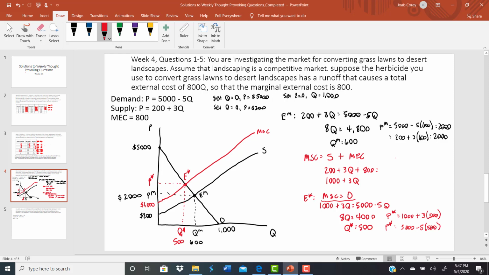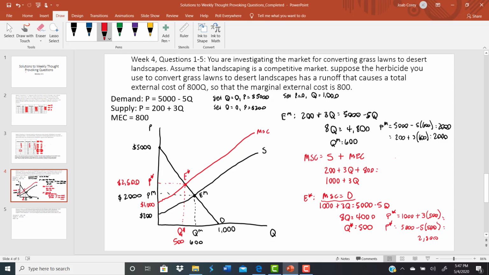Either way you do it, you should get 2,500 as your price, your P star. As is normally the case when we have a negative externality or a marginal external cost involved, you're producing more than what society wants us to.